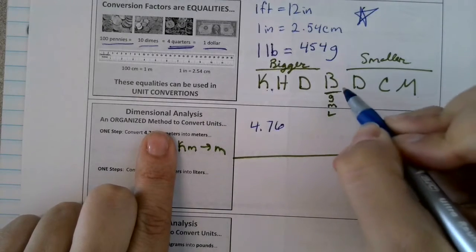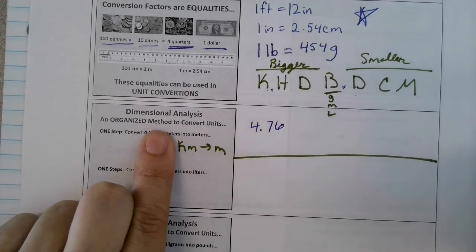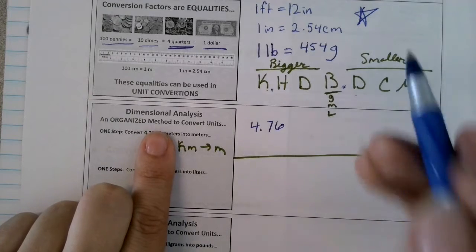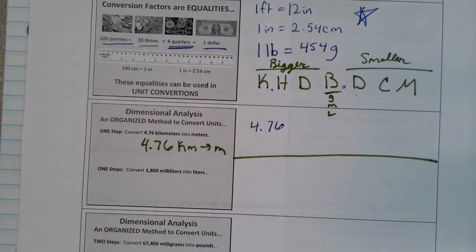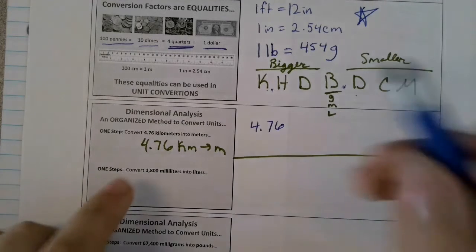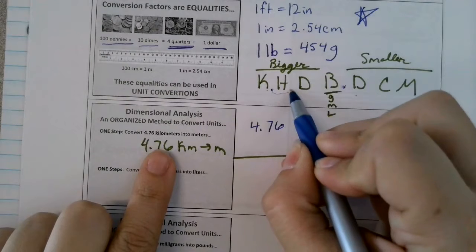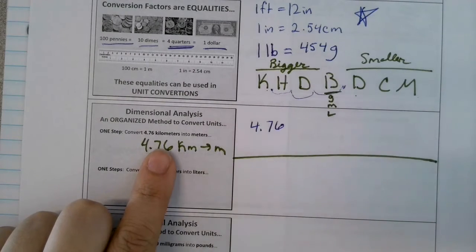I need to be at my base. So what I'm going to do is move my decimal. If you're moving along the metric line, converting is as simple as moving that decimal. So I'll be moving it 1, 2, 3 times to the right.